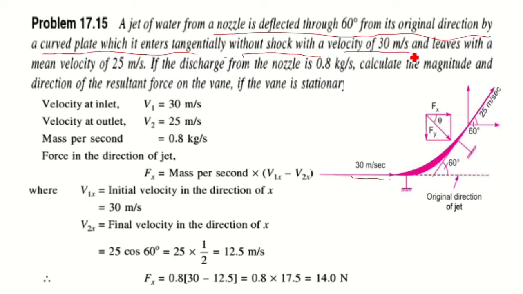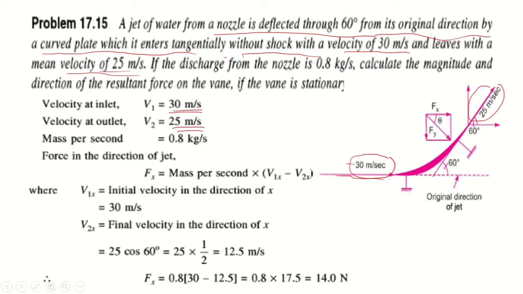So the jet velocity is 30 meters per second and it leaves with a mean velocity of 25 meters per second. So the inlet velocity is 30 meters per second and the outlet velocity is 25 meters per second.